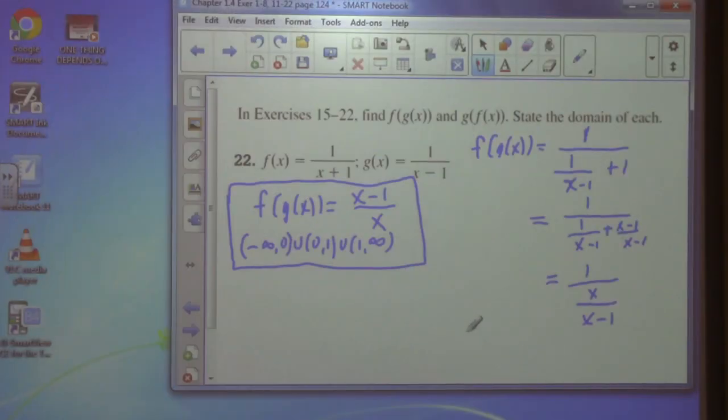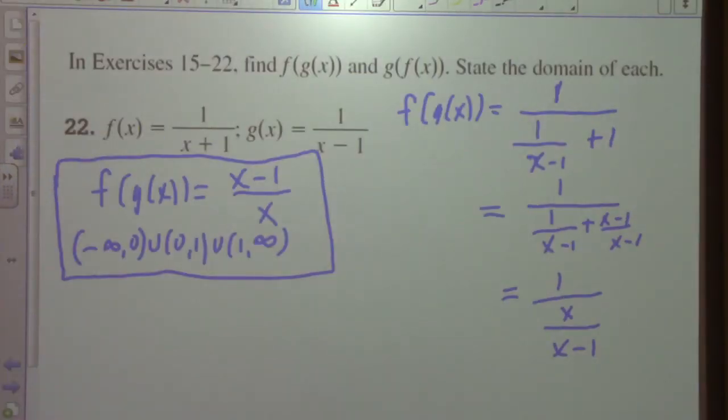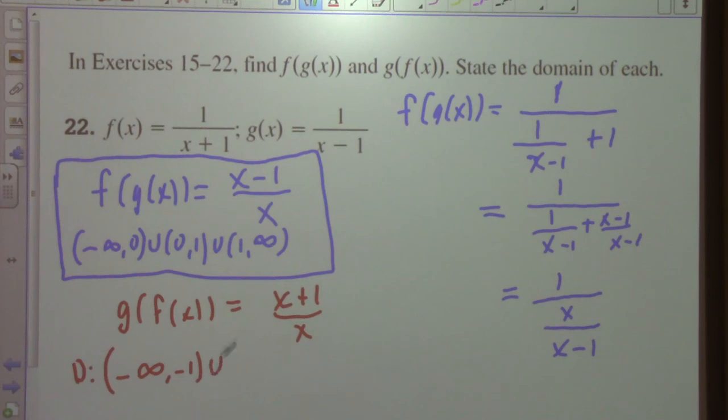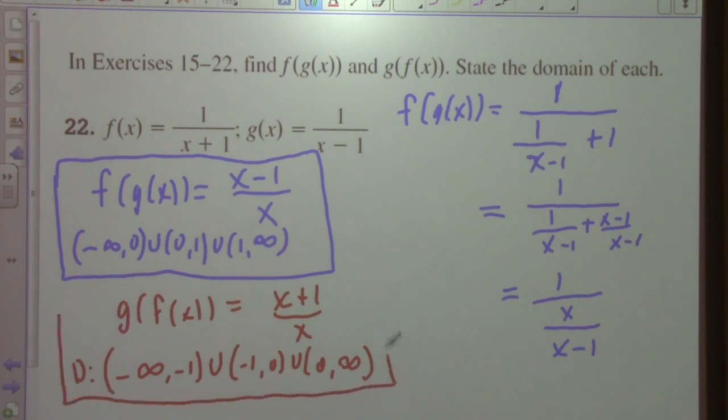Oops, wrong one. And then this is what you should get for g of f of x. Is that what you got? Yeah, it's just the opposite, kind of the opposite.